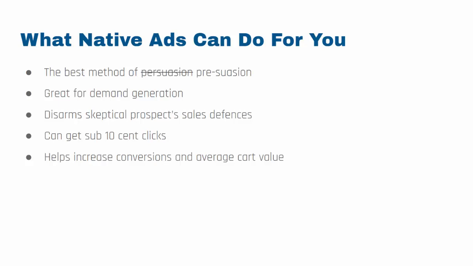So it's kind of like the movie Inception, where you're making it their decision to want to buy your product. Instead of sending them to your sales page where the positioning is that now you're trying to sell them on your product, with the right kind of native ad campaign, by the time they land on your product page, they already want to buy it.